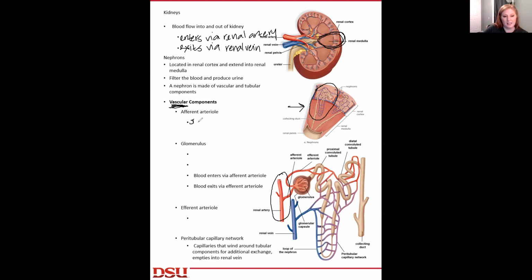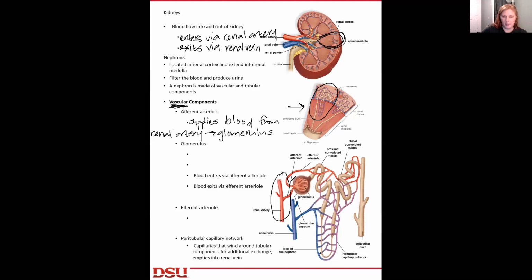It supplies blood from the renal artery to the glomerulus. Okay, all right.